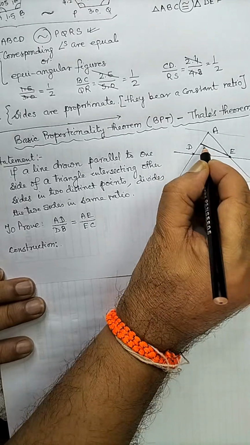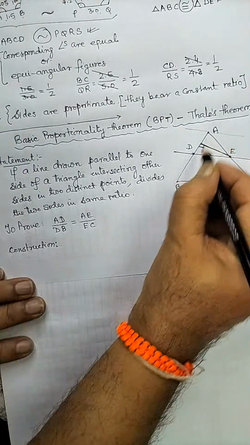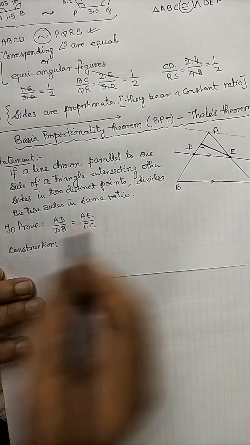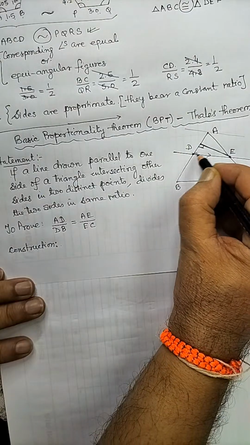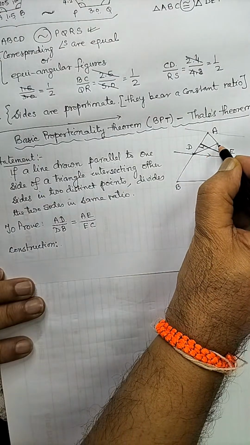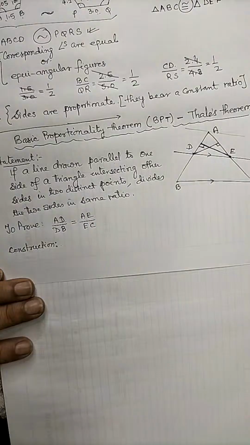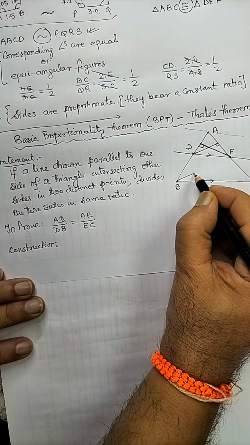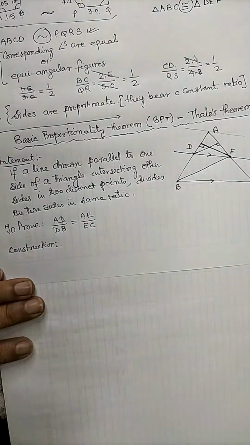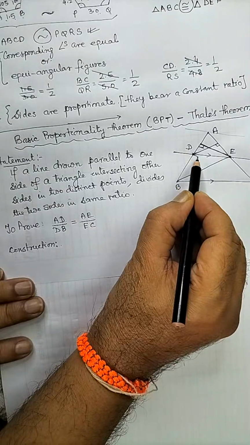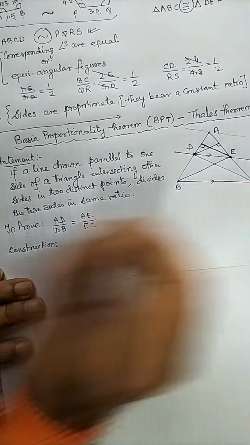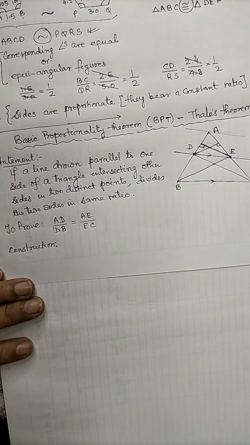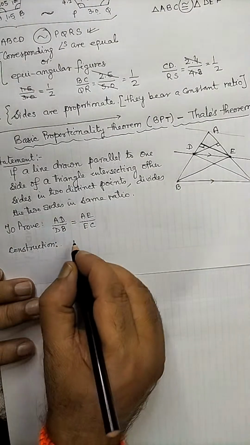From E, draw a perpendicular to AB. And from D, draw a perpendicular on AE. Fine. After drawing these two perpendiculars, join B, E and D, C. Clear?